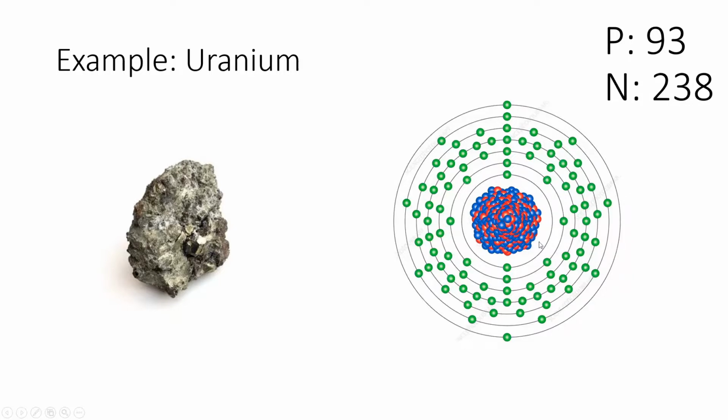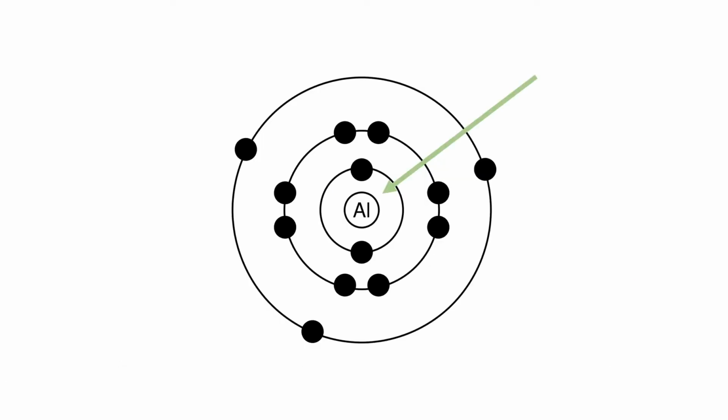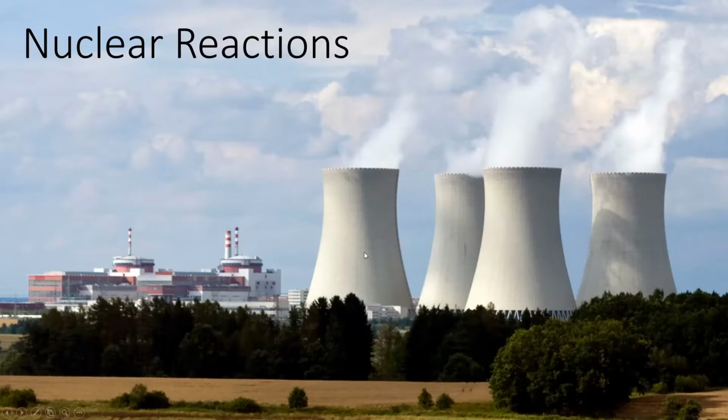This amount of particles can be stable, but for the most part, it does want to try and become more stable. And in doing that, it releases either energy or particles, and we call those energy or particles radiation. So that radiation is what humans use, if we go back, in the nuclear reactors to form energy.